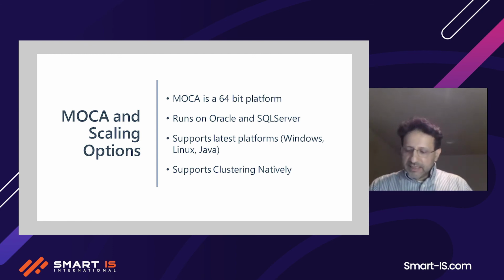But any headaches that come because of horizontal scaling are part and parcel of being horizontally scaled. It runs on Oracle and SQL Server already. It supports all the latest platforms, Windows, Linux, Java, and it supports all the clustering natively. As far as scaling goes, we have a lot of options in that space.